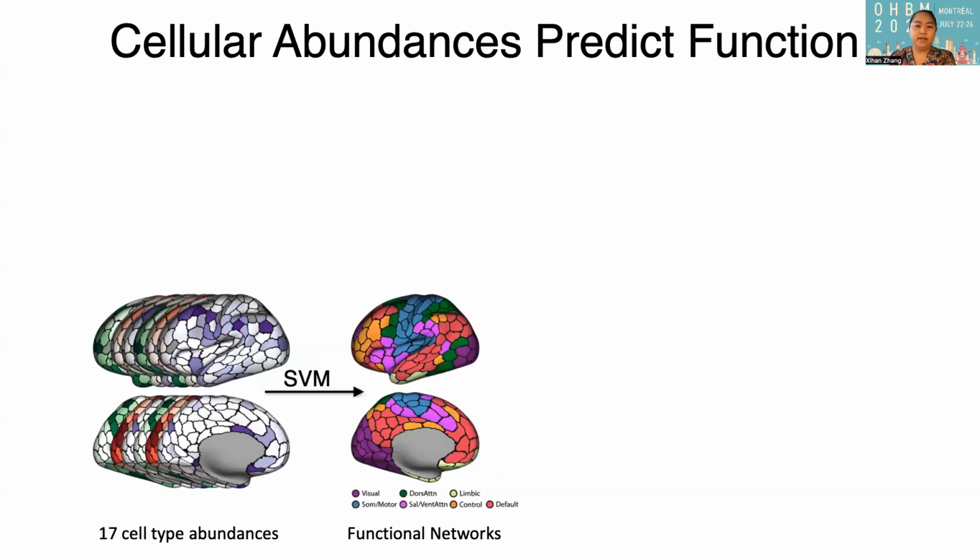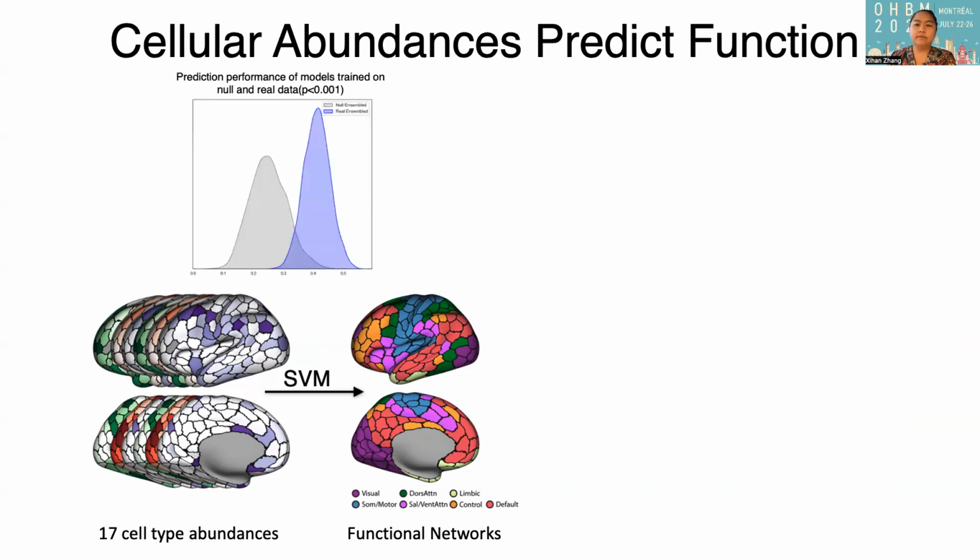To test this idea, we trained a support vector machine classifier to predict the functional network from the 17 cell type abundances. The classifier was trained on 70% of the randomly selected parcels and tested on the remaining 30% of parcels. This process was repeated 1,000 times, which generated the blue distribution of the prediction performance for this classifier.